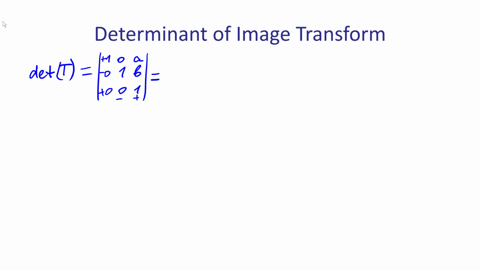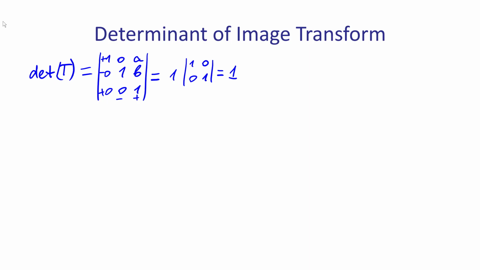This one is plus, so it's plus 1, multiplied by the determinant of 1, 0, 0, 1, which gives you the number 1. So the determinant is 1. It means that the change ratio is 1, so there is no change in the area. So every time you get determinant 1, there is no change in the area of the image.